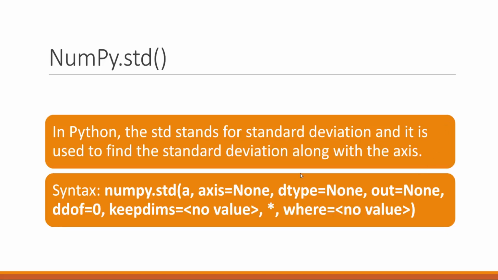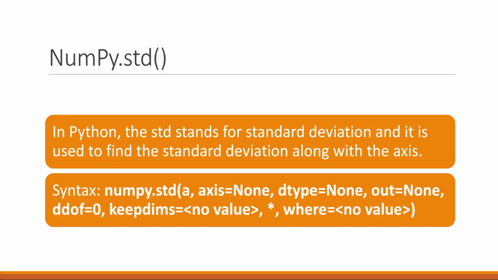So here is the syntax of the numpy.std function, and within this function we are going to use only 3 parameters in our example. The first parameter is a, that defines the input array on which we can easily find the standard deviation. Our next parameter is axis. By default it takes a none value, and it specifies the axis on which the standard deviation is calculated.